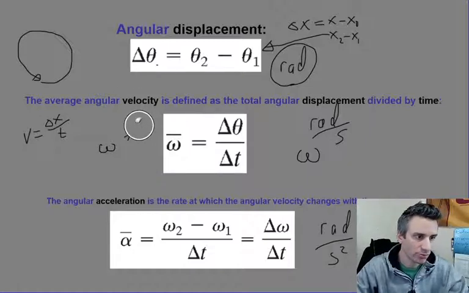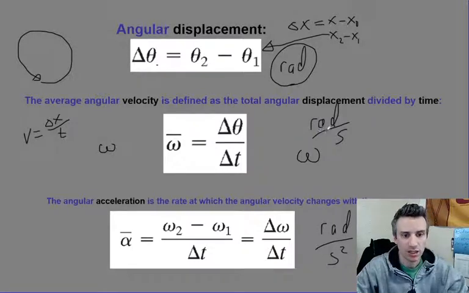The lowercase omega is clearly going to be the change in angular position divided by time, and it is measured in radians per second. Okay, it is radians per second.